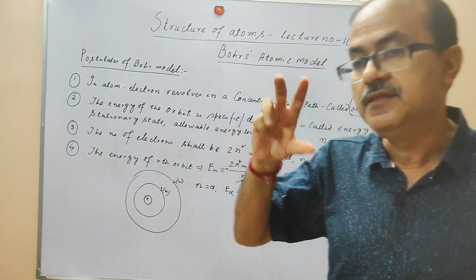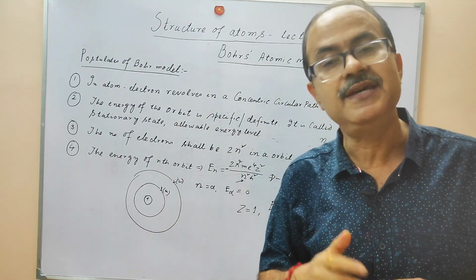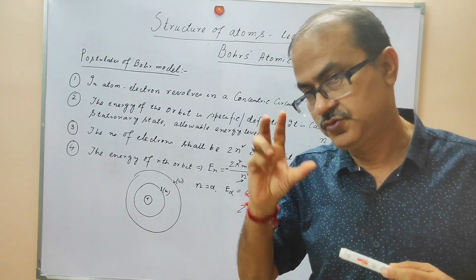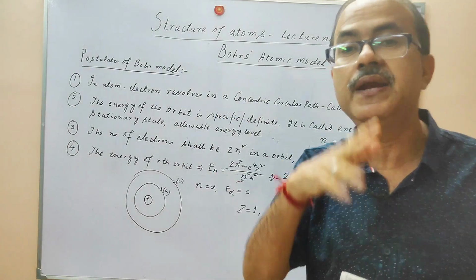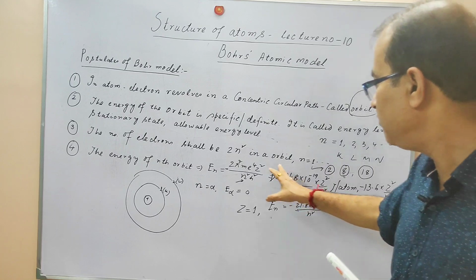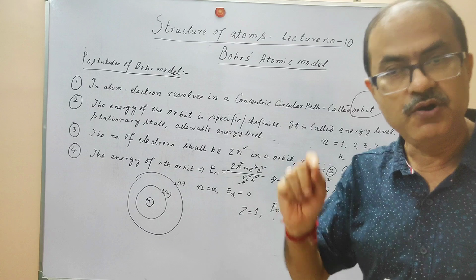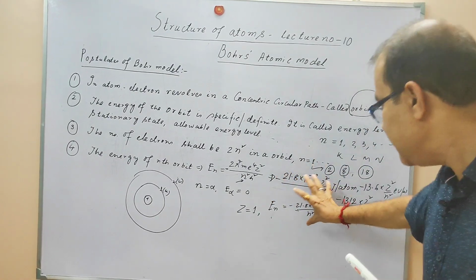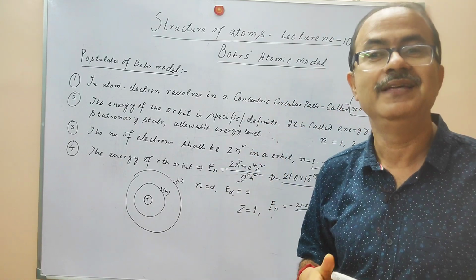Hydrogen-like species means species which have one electron in their orbit, like He plus, like Li2 plus. All those ions, cations, you will find have one electron in their orbit. So when we apply this formula, we just use a different Z value. For helium plus it will be 2, for lithium it will be 3. Accordingly, the energy of the stationary state will change.